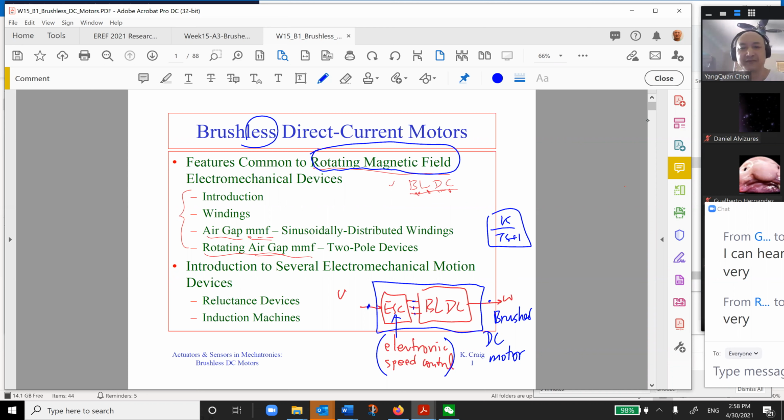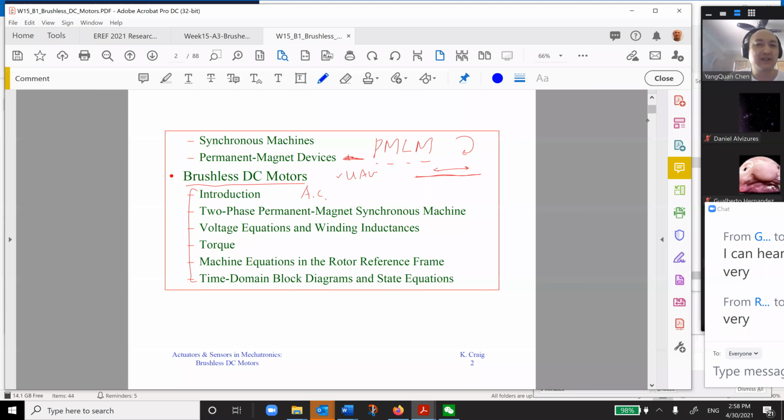We have different types of AC motors. One is called the reluctance device. Another is the induction motor, then synchronous machines, and PM devices, permanent magnet. We are actually very interested in the PMLM, okay?